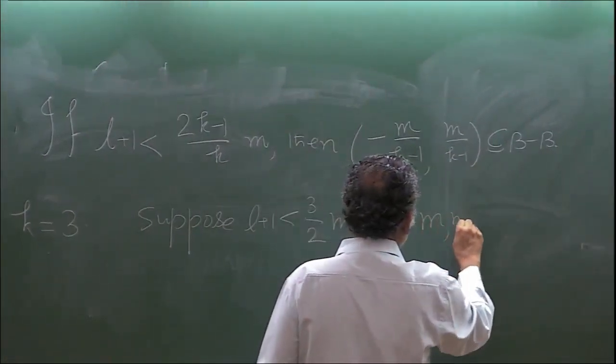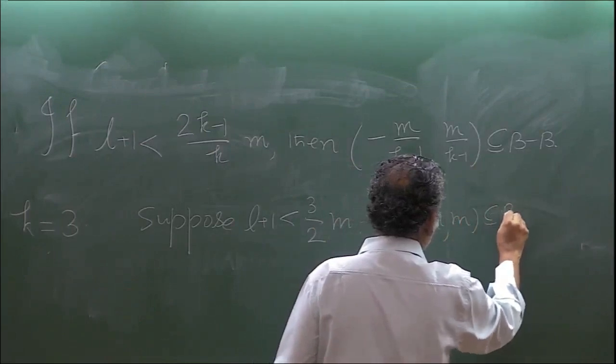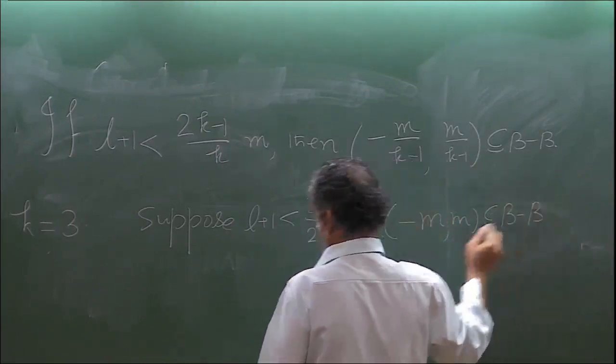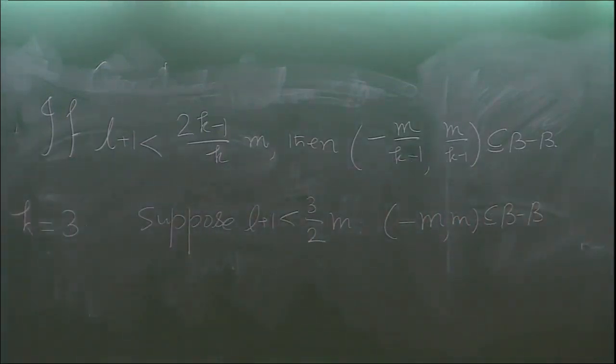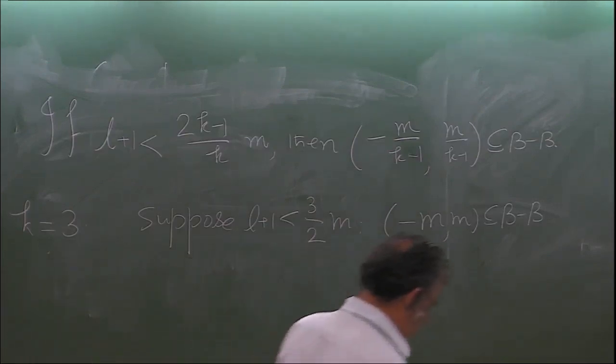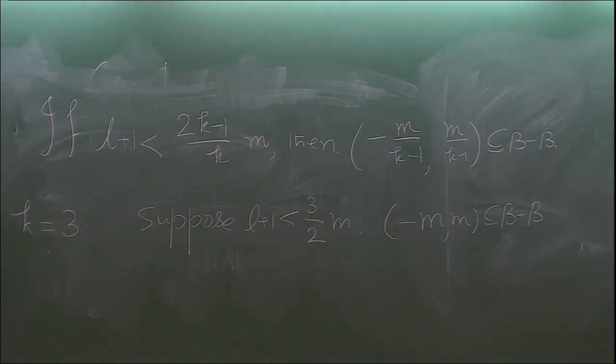Minus m to m itself is contained in b minus b. Okay? So far, so good.